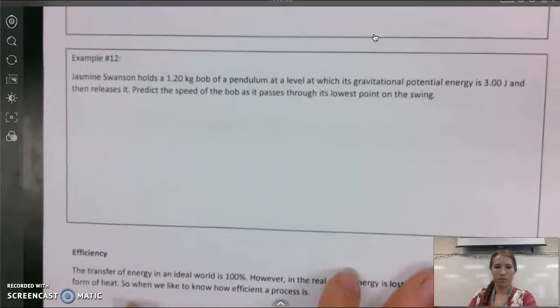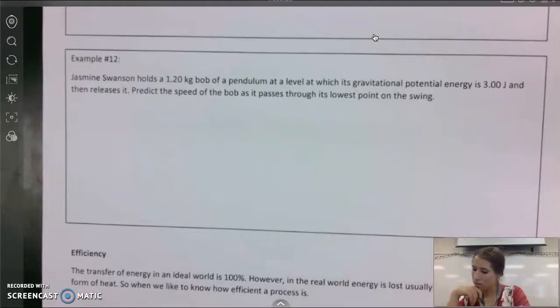Okay, and now example number 12. Jasmine Swanson holds a 1.20 kilogram bob of a pendulum at a level at which the gravitational potential energy is 3 joules, and then releases it. Predict the speed of the bob as it passes through the lowest point of the swing.